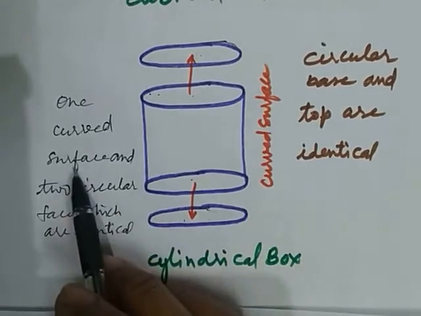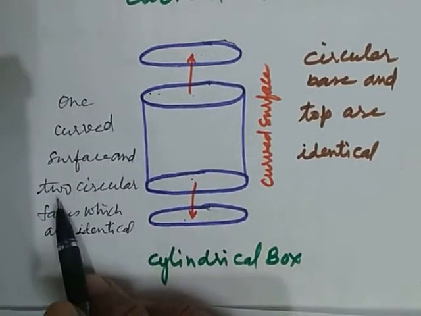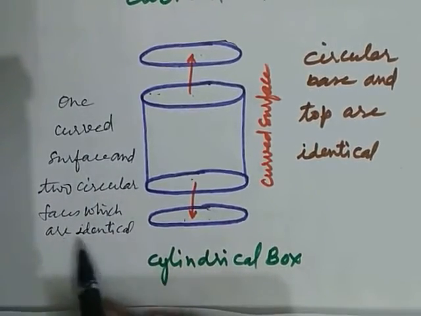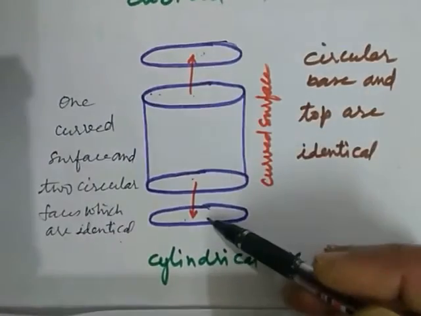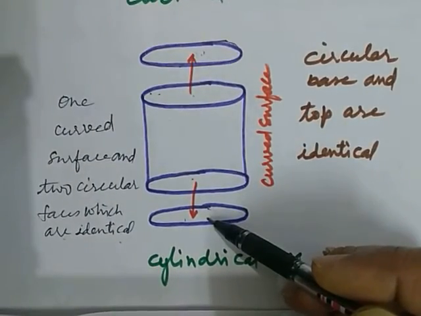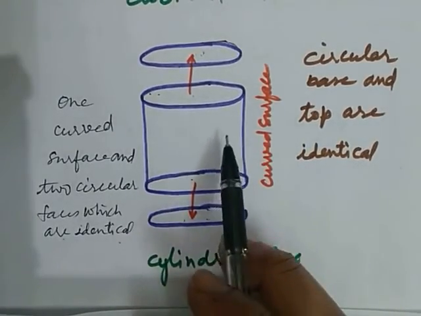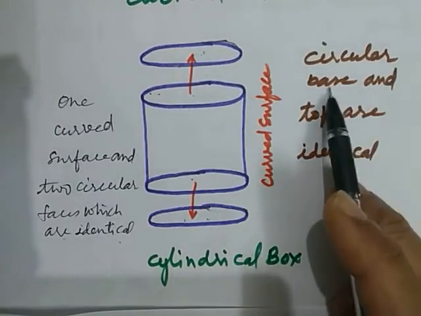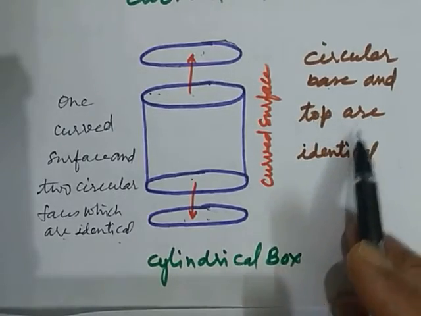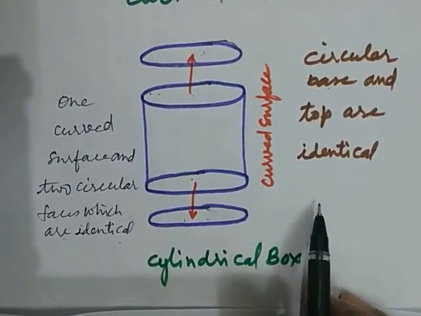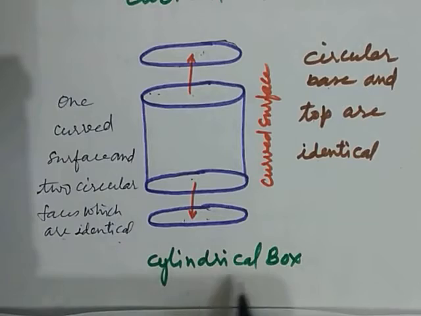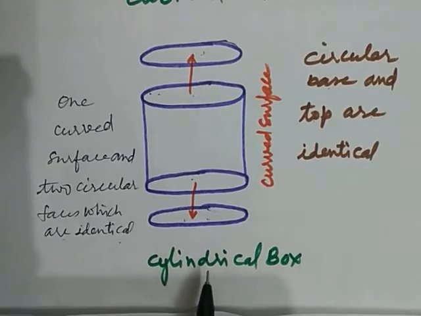So one curved surface and two circular faces which are identical. Both of these circular faces are identical, and this is the curved surface. So this way a cylindrical box is formed with the help of two-dimensional shapes.